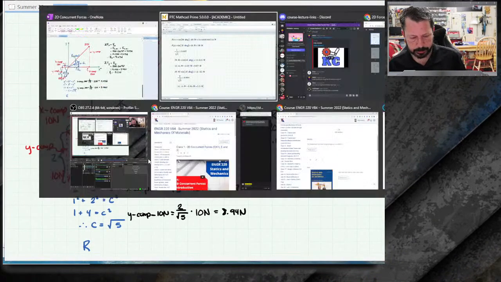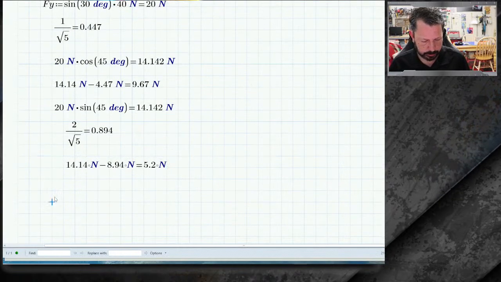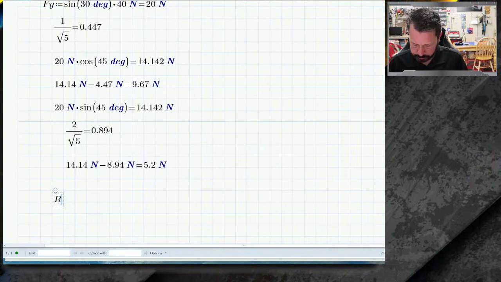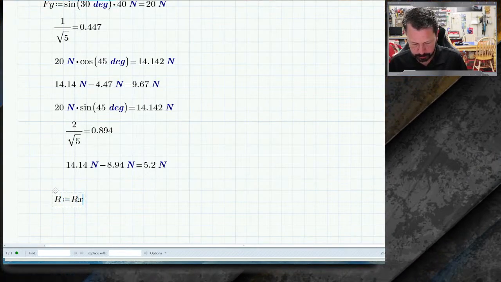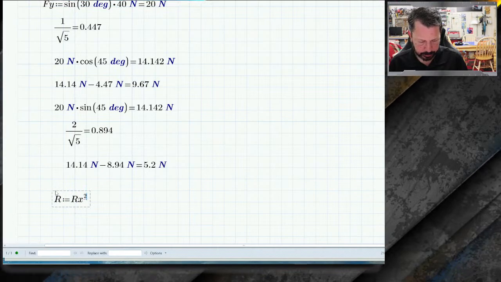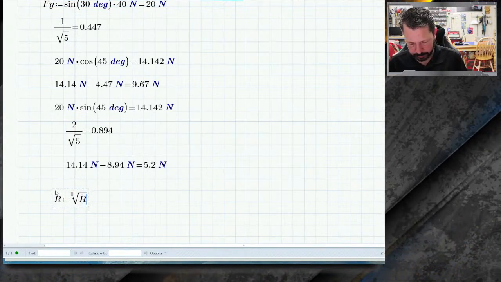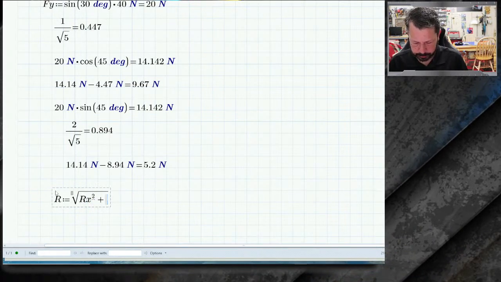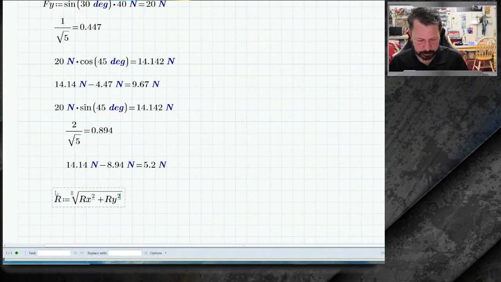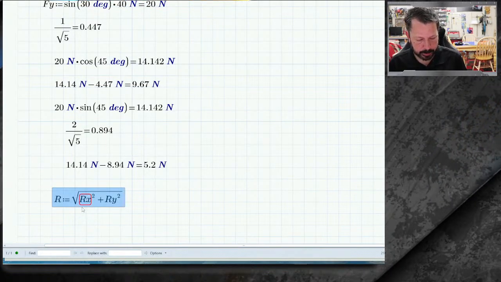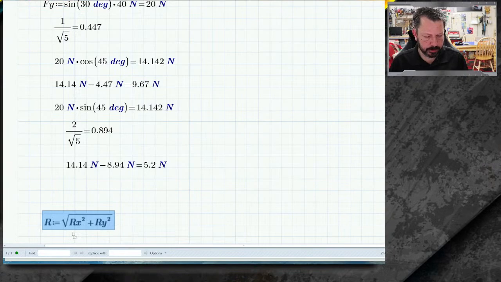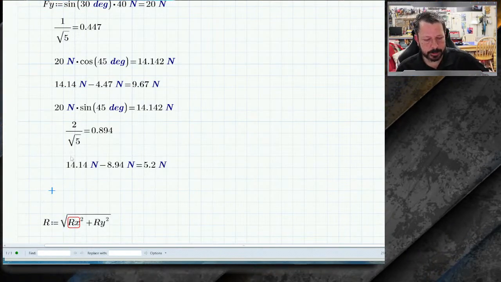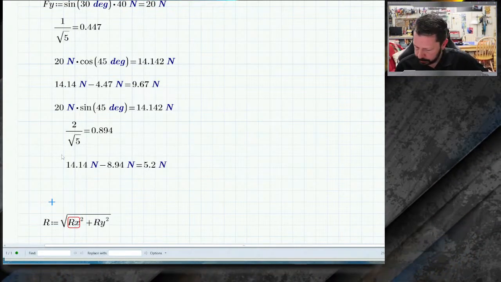We can go ahead and put those over here in MathCAD though while it's confusing. So R is going to equal the square root of Rx squared plus Ry squared. We just need to give it values for Rx and Ry. I'm using MathCAD. You do not have to use MathCAD for homework or anything like that. I'm just using it so you can see the numbers I'm writing clearer.